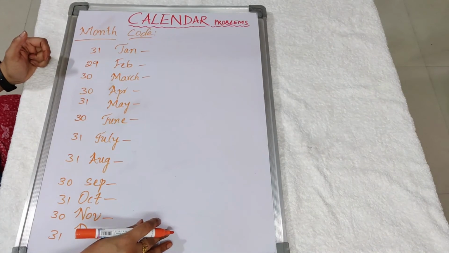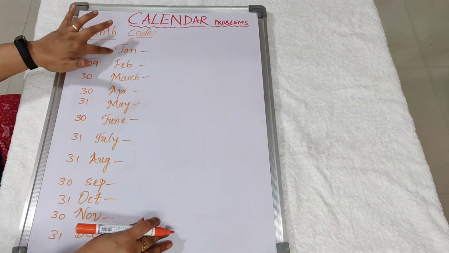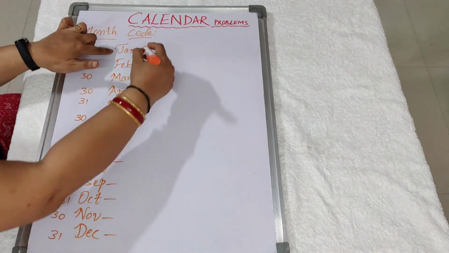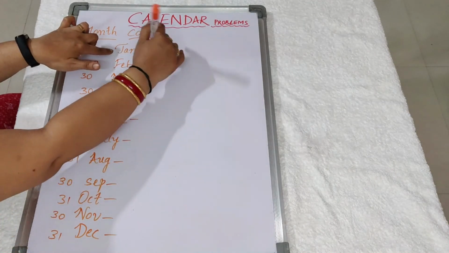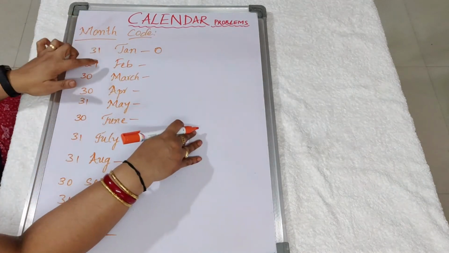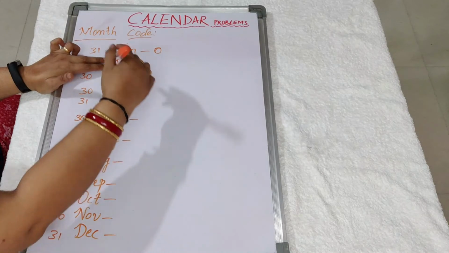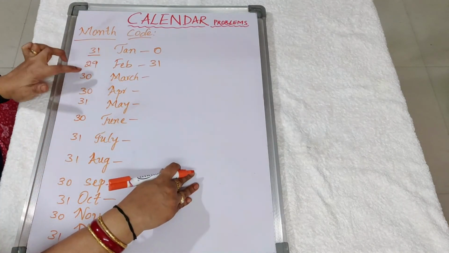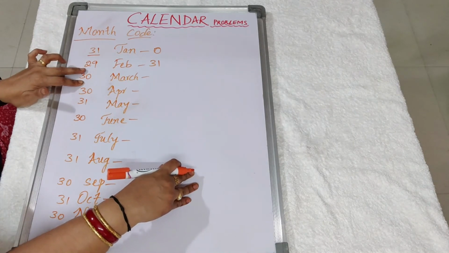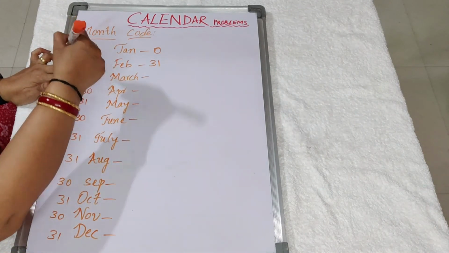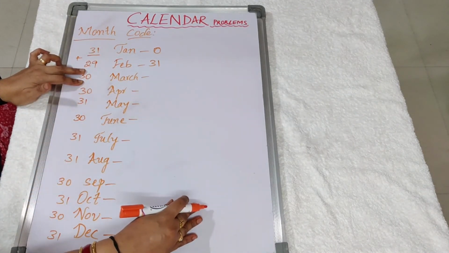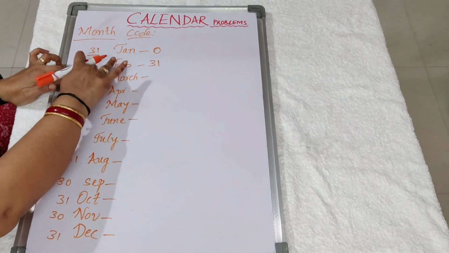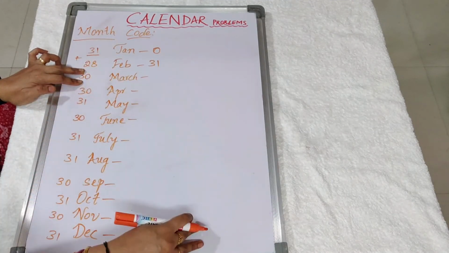So for Jan, before Jan, how many days were there? 0 days were there. Before February, how many days were there? 31. Now, before March, how many days were there? So it is 31 plus 29. Now, we are not taking a leap year, sorry. So it is 28.